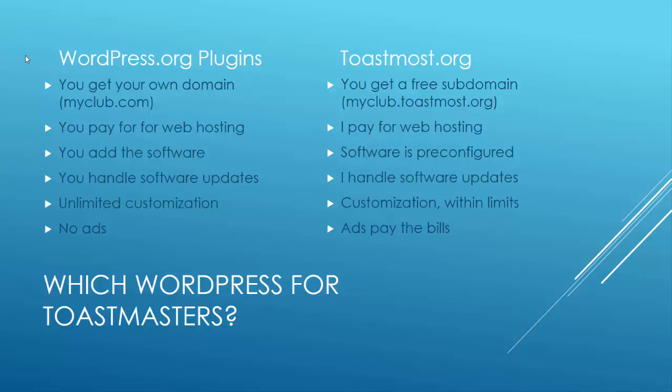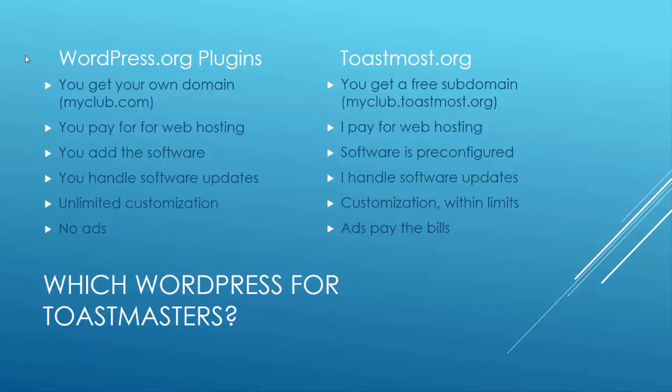Whereas on the other hand, you're going to get a subdomain of toastmost.org, which is part of the WordPress for Toastmasters project. And similar to how WordPress.com works, you have a limited stream of customizations that you can make within that.